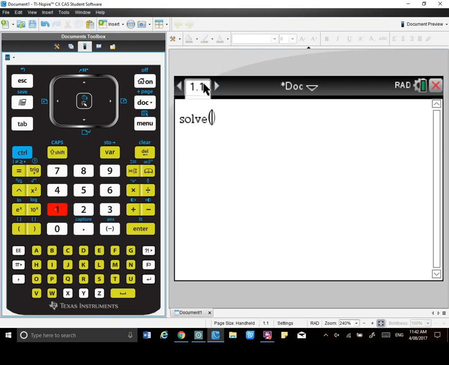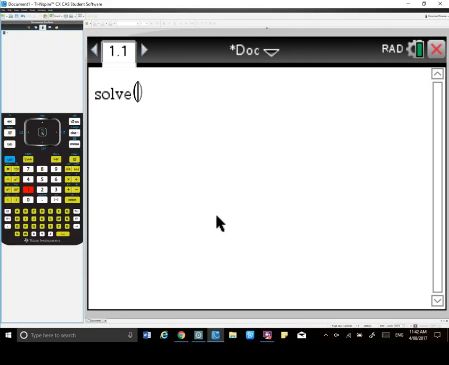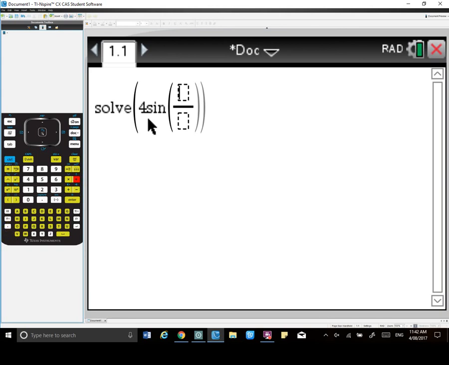Menu 3.1 to solve for it. We have 4 sine pi on 6 times x, I will use x, and that equals 1, comma x.